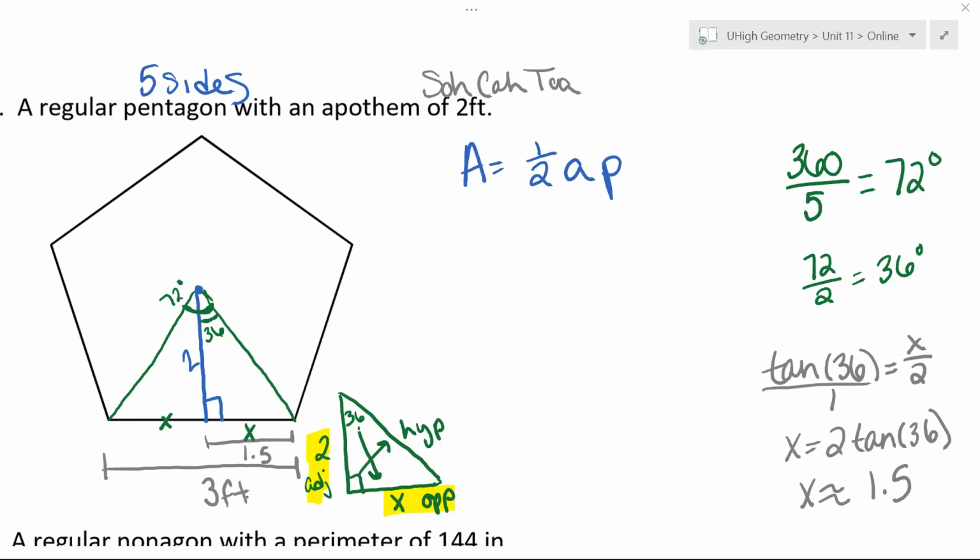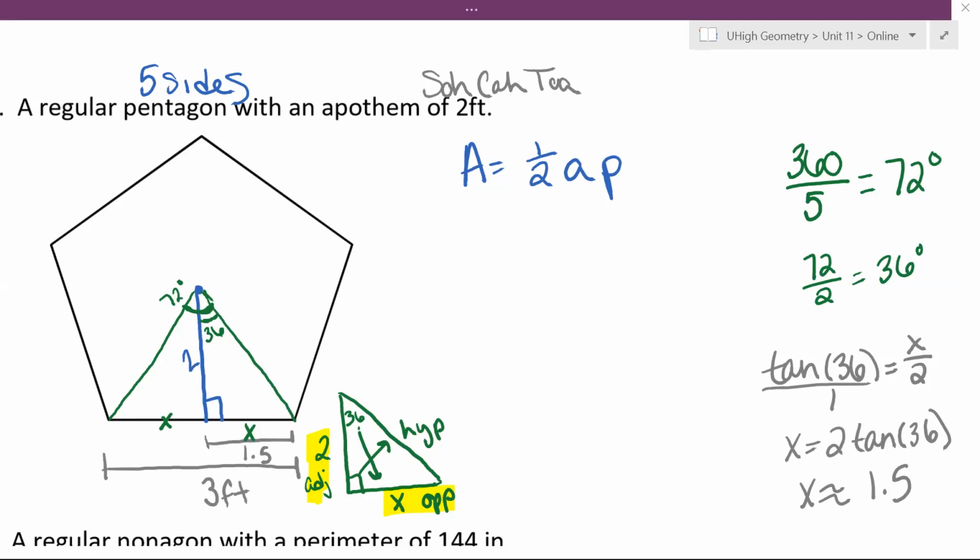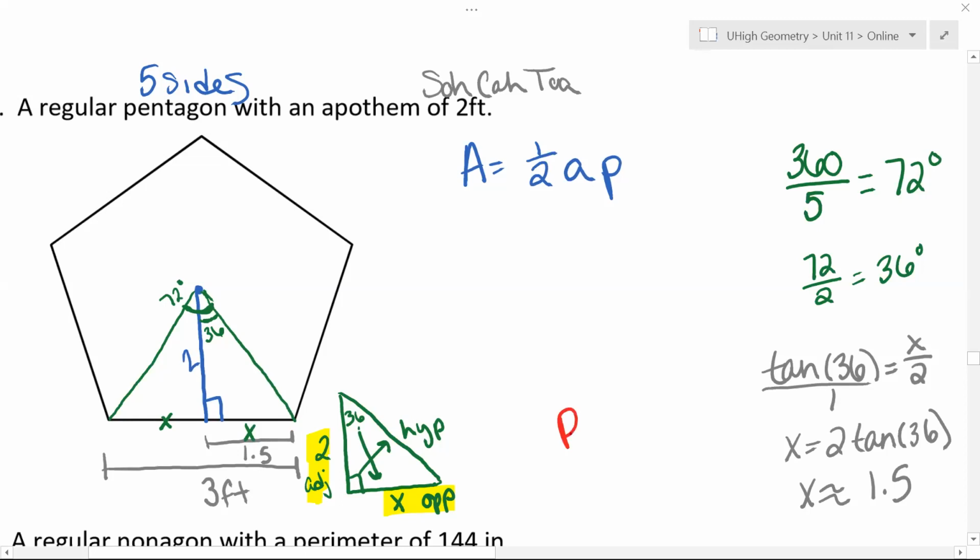So if I wanted to find the perimeter now, I'm going to write this in a different color. My perimeter is going to be 3 feet times my number of sides, which is 5.